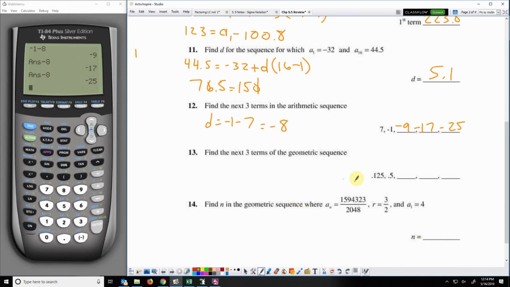Find the next 3 terms, and it is geometric. So r is 0.5 divided by 0.125. So r is 4. So 0.5 times 4 times 4 times 4: 2, 8, 32.